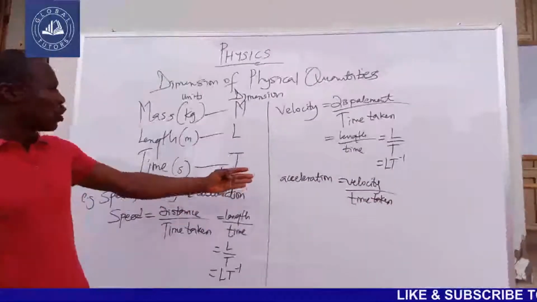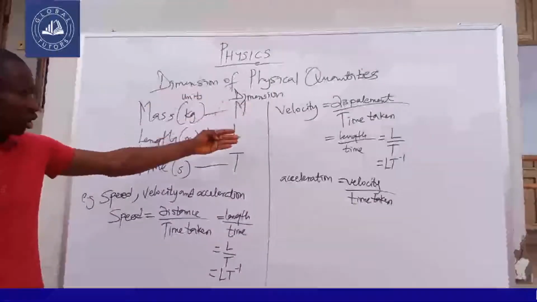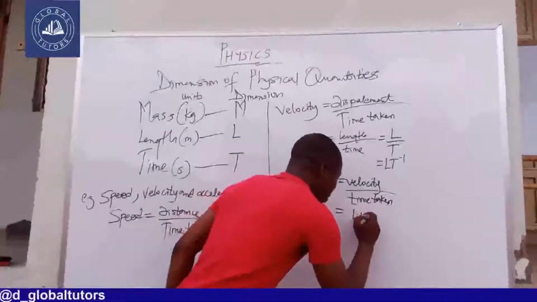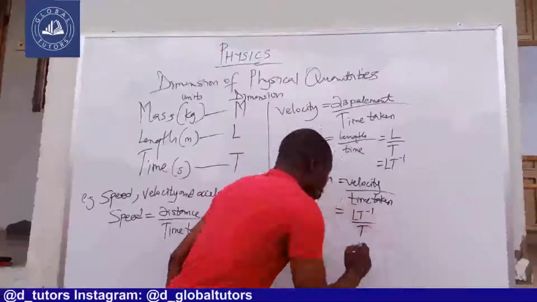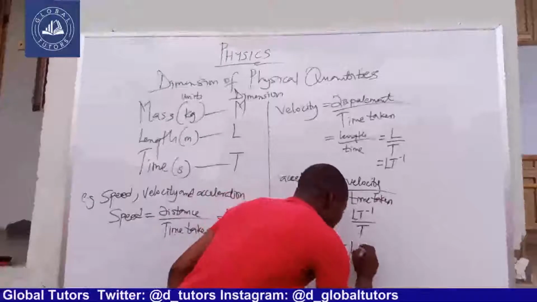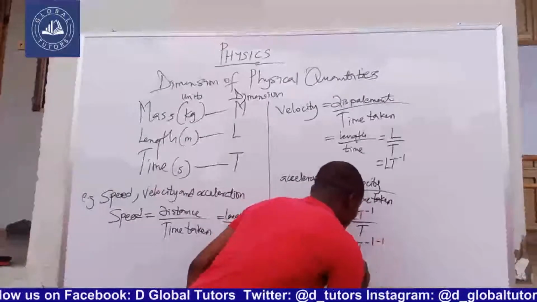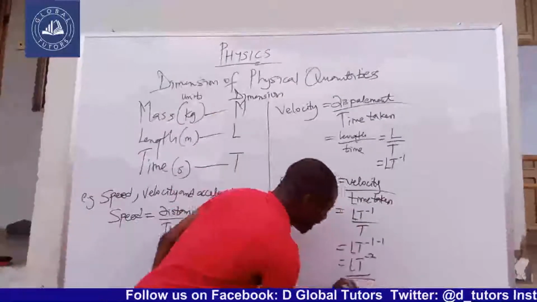Now we have derived our dimension for velocity, so let's put it in this acceleration formula as LT minus 1 all over time taken, which is T. Using one of the laws of indices, we have LT raised to power minus 1 minus 1 equals LT raised to power minus 2. And that is the dimension of acceleration.